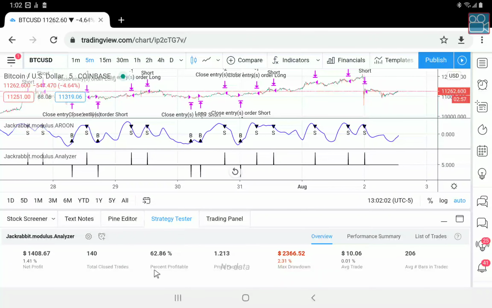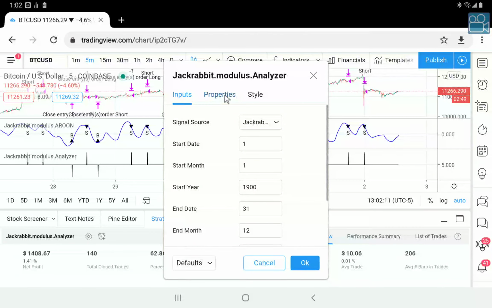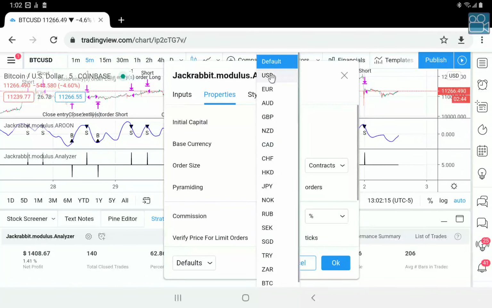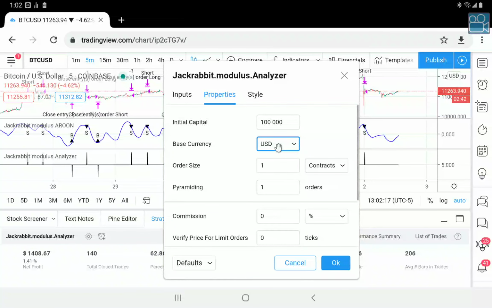For example, this has a 62.86% success rate with the current settings. Now let's tune this appropriate to a real world situation. USD, USDT, or USDC.